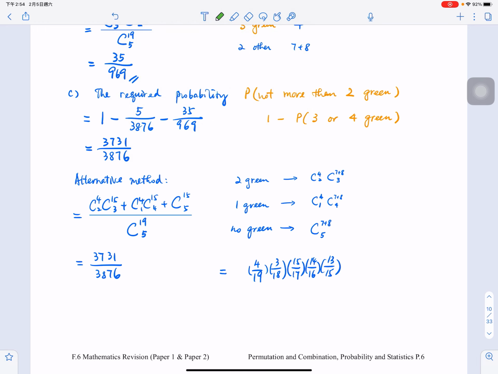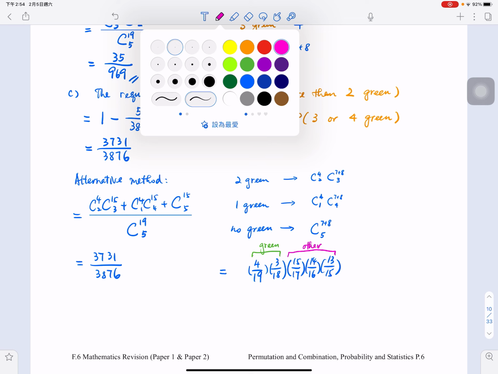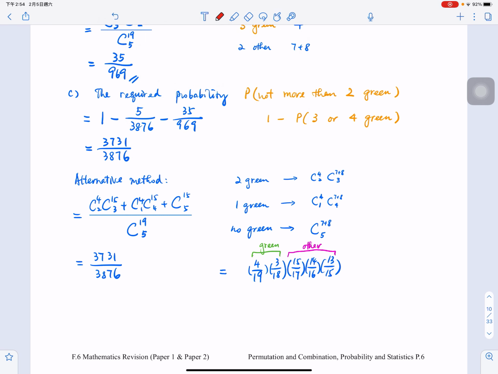These two are the green ones, and these are from the other colors. But don't forget, this one is 5C2. What is the meaning of 5C2?